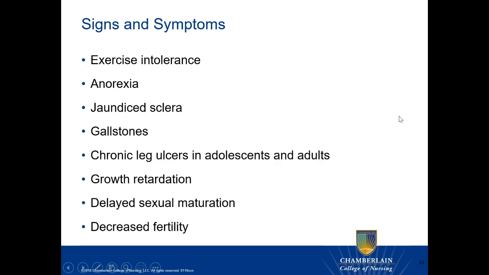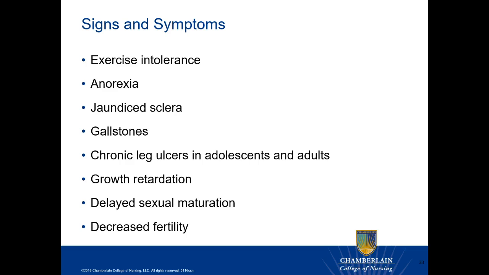Signs and symptoms include things like exercise intolerance, anorexia, jaundice sclera. You may see jaundice of the skin. Just think about all these blood cells being destroyed and the body, liver, spleen, whatever, trying to take care of them. Gallstones, same thing. Chronic leg ulcers.